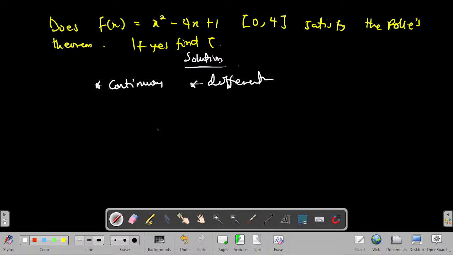Rolle's theorem is saying that if your function's extremes are the same, that is f of a equals f of b, then it means that so far as your function is continuous and is not a line, there will surely be at least a peak.